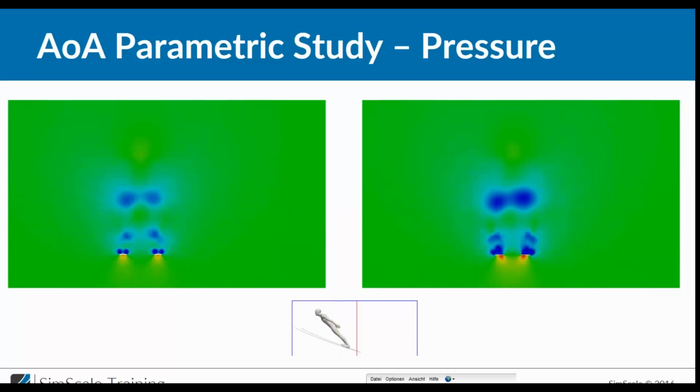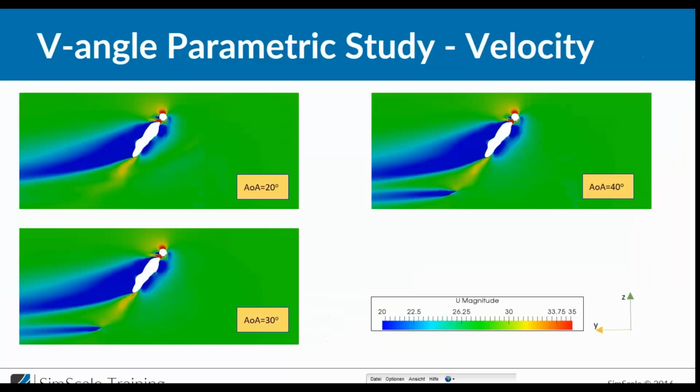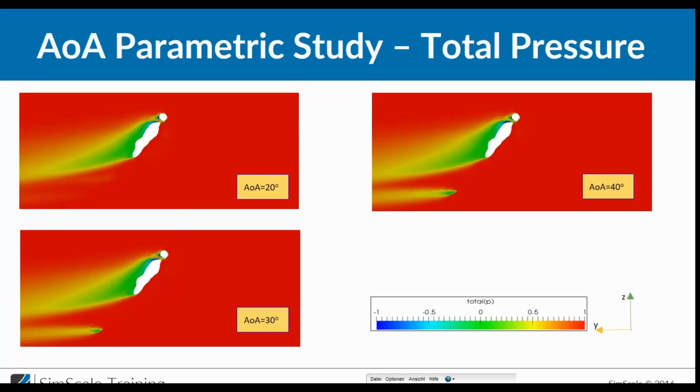Yeah, and if we take a look at what's happening behind the ski jumper, you can see that we have different wake structures. But I would say that's basically the most important thing about the pressure, Akram. I think what is more interesting is maybe not the velocity, but the total pressure, right? Exactly.